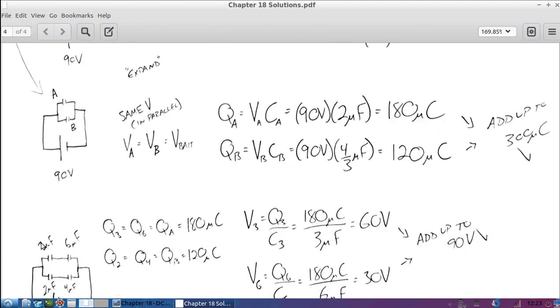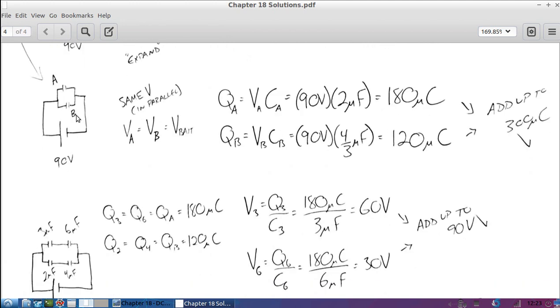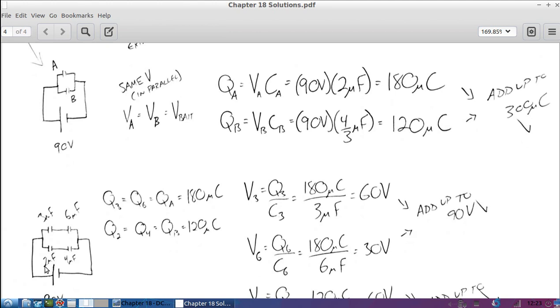Capacitor A, I'm splitting it back up into the 3 and the 6. Capacitor B, I'm splitting it back up into the 2 and the 4. Now capacitors in series have the same charge on them. Their voltage drops are going to be different. So the 3 and the 6 have the same charge on them as capacitor A. I'm going to use 180 microcoulombs for the charge on the 3 microfarad and the 6 microfarad.